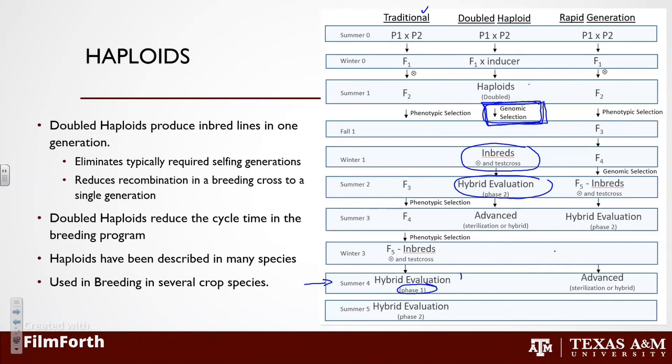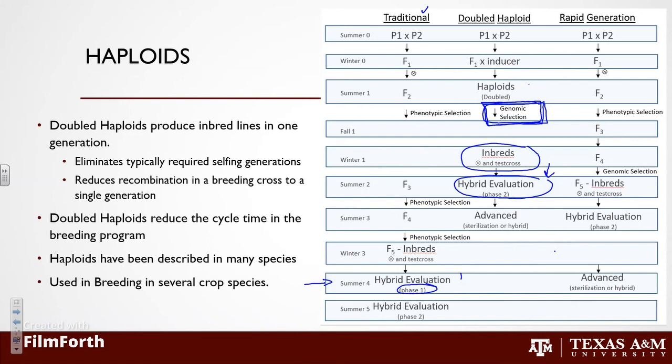So we could use that, like they're doing in corn, to eliminate 80% of these haploids from evaluation in field trials and predict their first observation or phase 1 evaluation performance based on genomic selection models, which allows us to focus on what we would consider phase 2 hybrid evaluation.